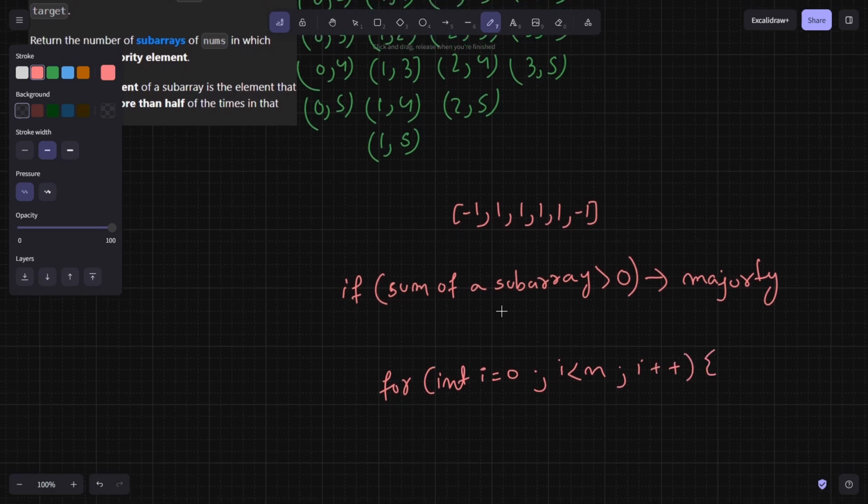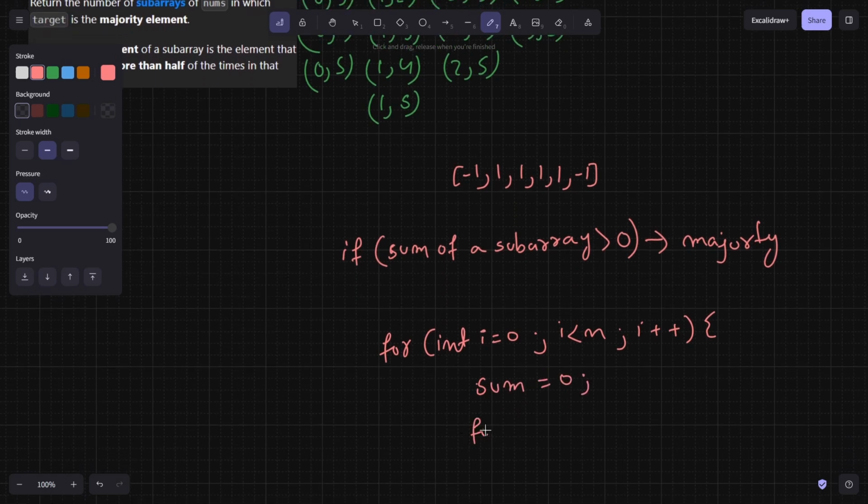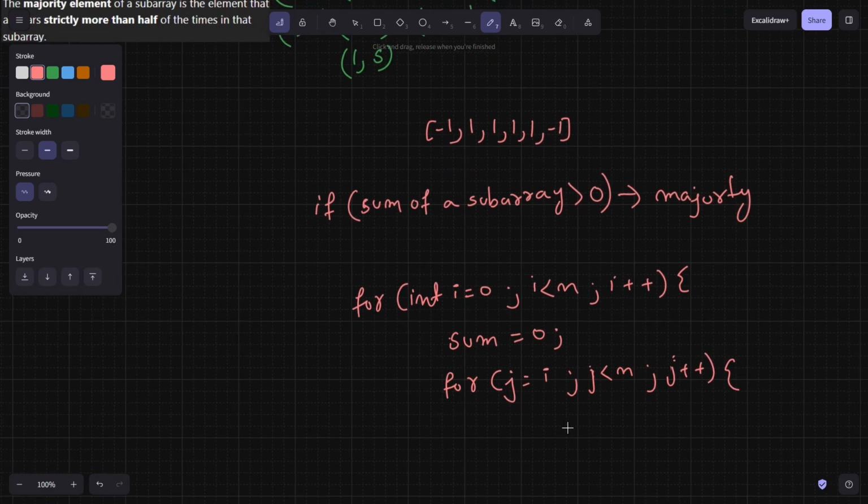Let's consider sum equal to 0, and for every j, starting from i till less than n, and j plus plus, what we are going to do is add to the sum.